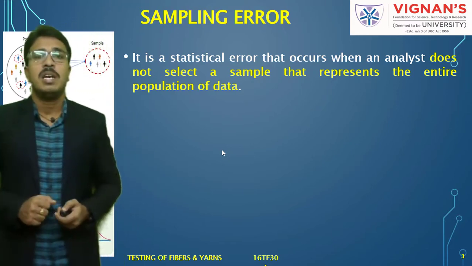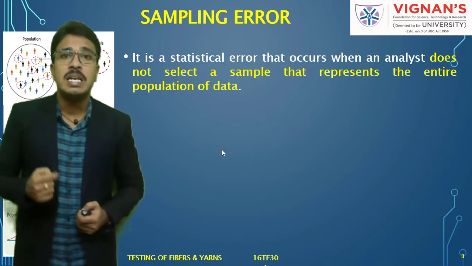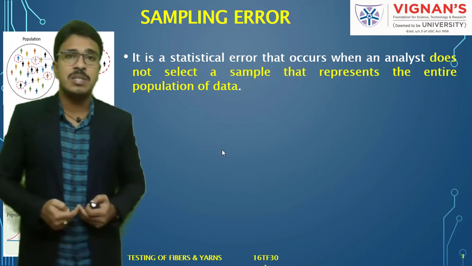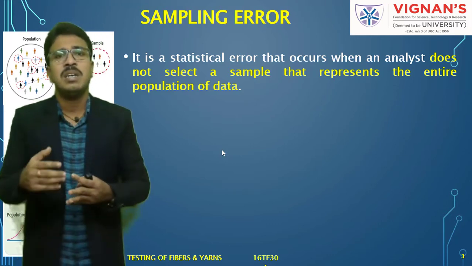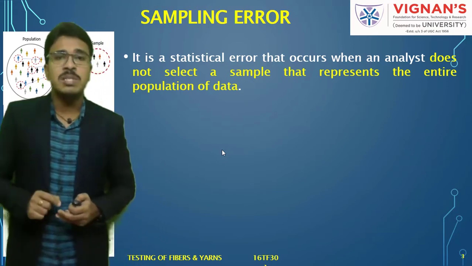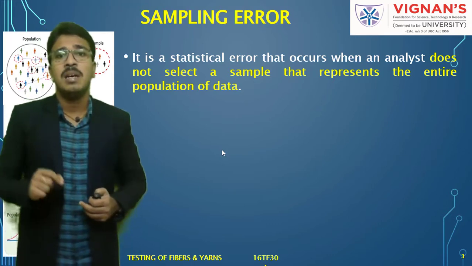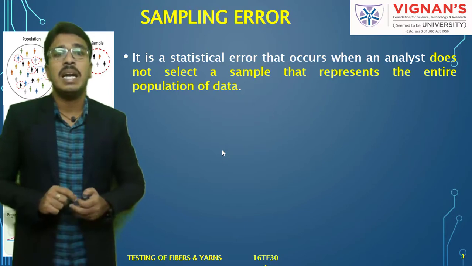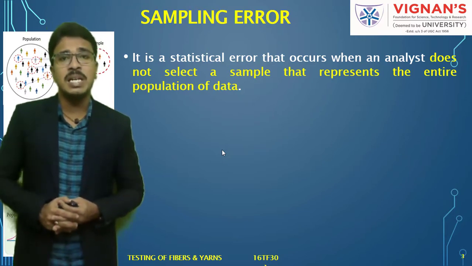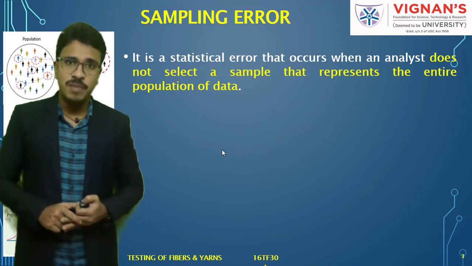Now if you look at sampling error, it is a statistical error that occurs when an analyst, the person doing the sampling process, does not select a sample that represents the entire population of data.